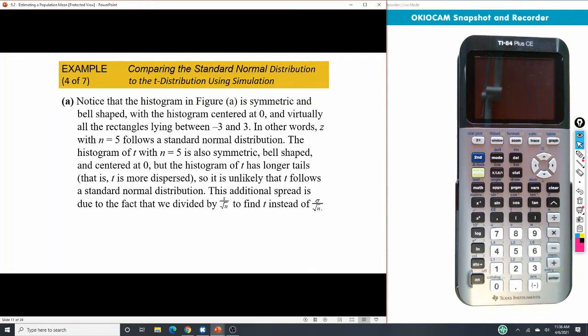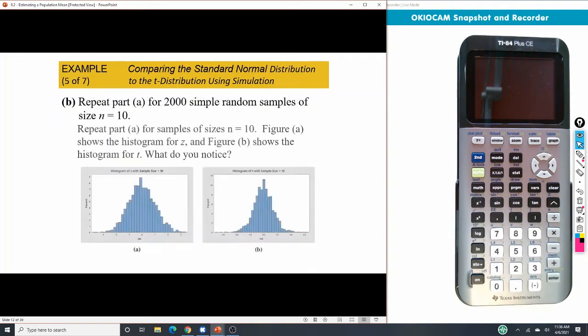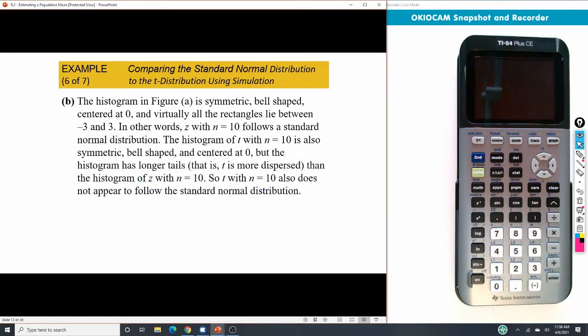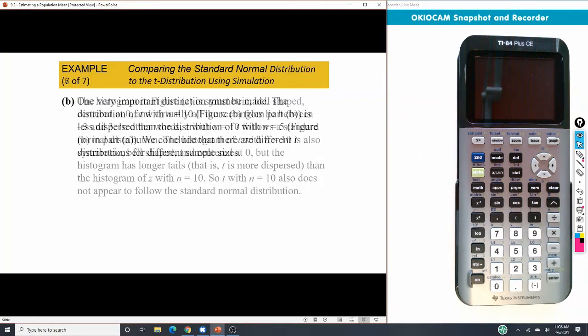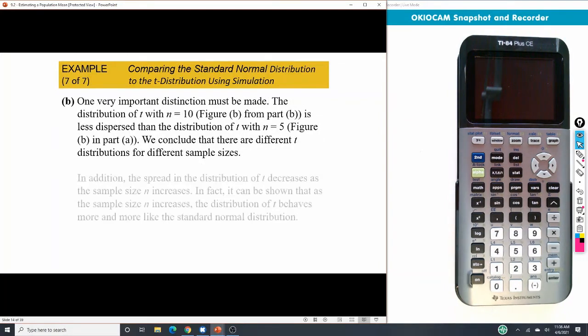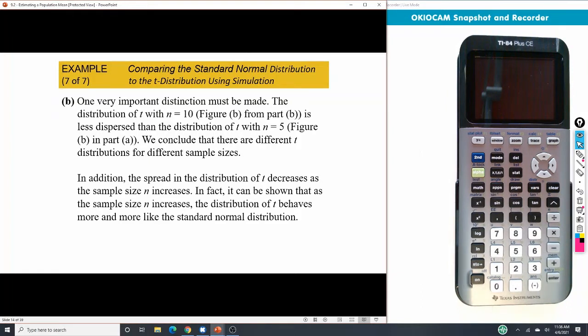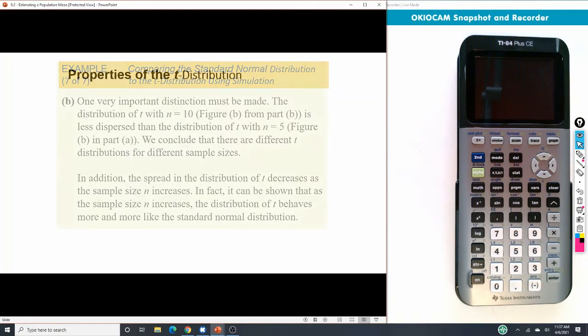Even if we increased our size to 10, it looks somewhat normal, but it's not quite there because of the length of the tails. That deals with the spread: t is more dispersed. The spread of the t distribution decreases as the sample size increases.